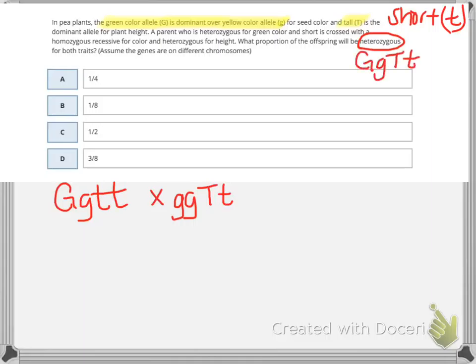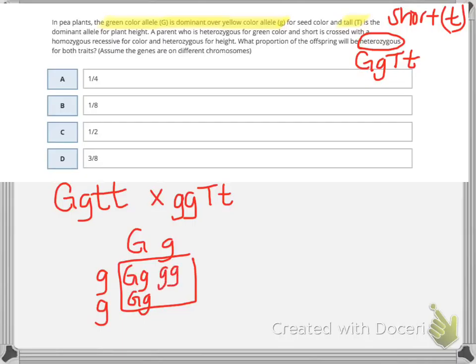That is the offspring. Now I'm going to do two Punnett squares again. So big G, little g, and then I just fill it in. I'll do the same thing for the height, from one parent and the other.